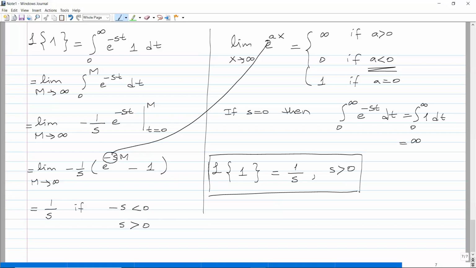And in the remainder of this lecture, I'm going to get Laplace transforms of some other elementary functions and give you a condition for when we expect this transform to exist. So this is going to be the content of the second part of the lecture, and that's all for part 1.